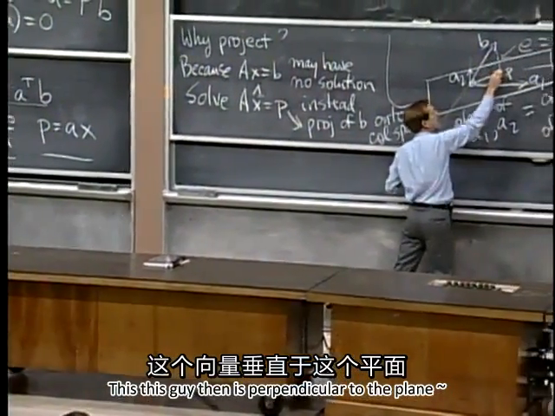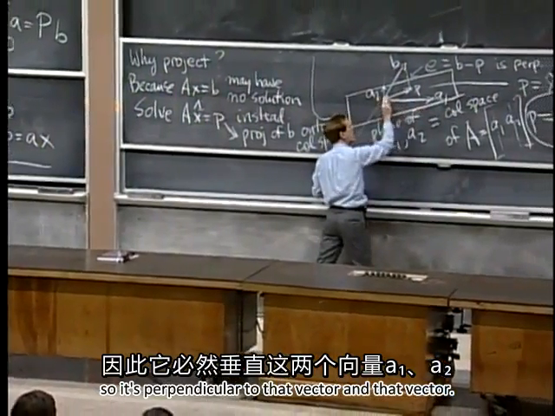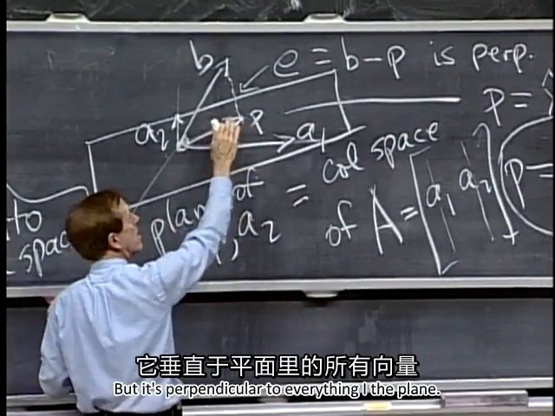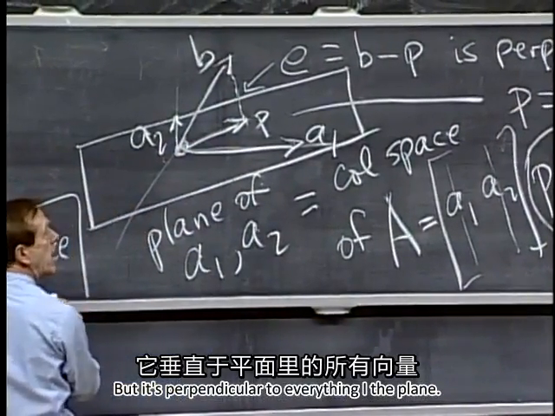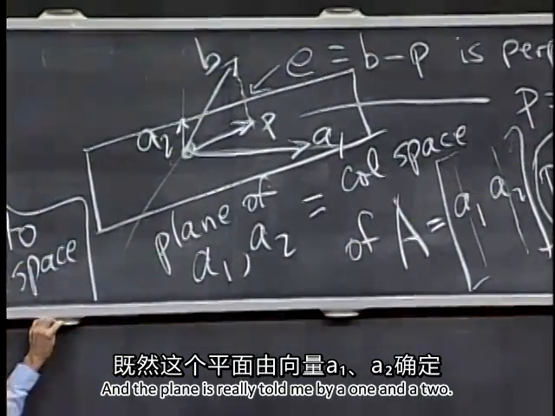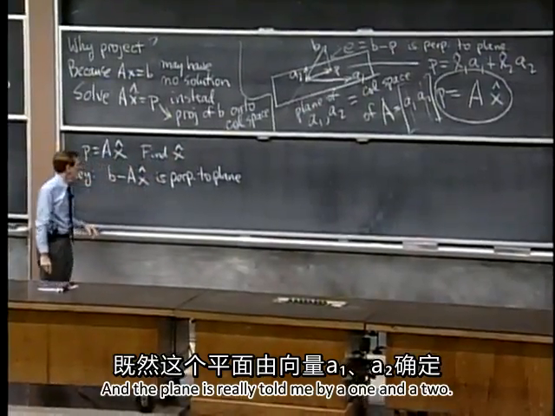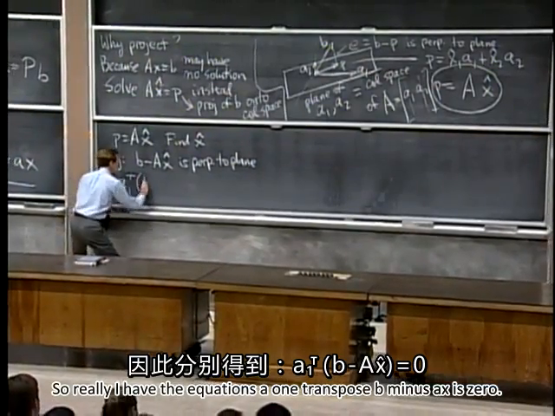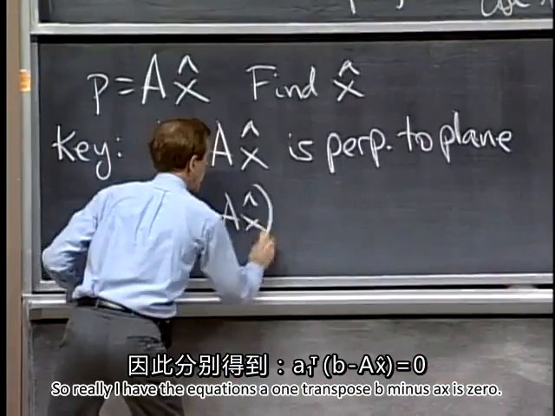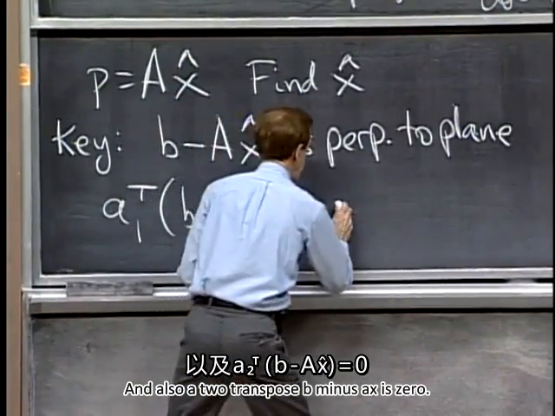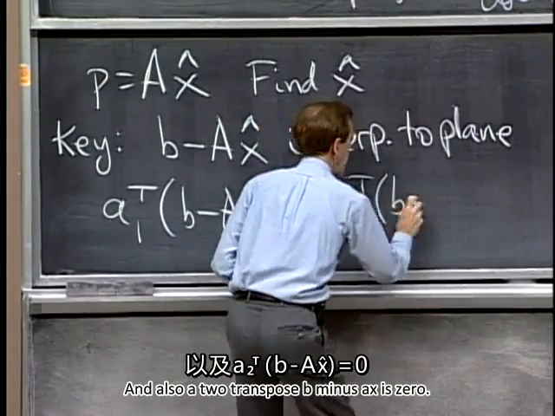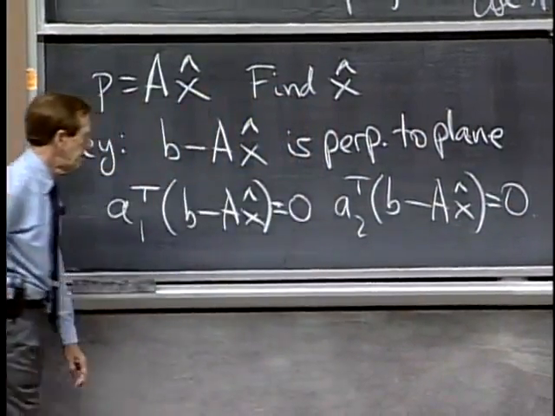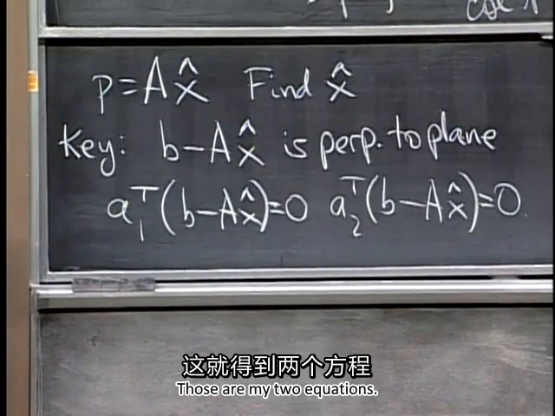This guy, then, is perpendicular to the plane, so it's perpendicular to that vector and that vector. It's perpendicular to that, of course, but it's perpendicular to everything in the plane, and the plane is really told to me by A1 and A2. So really I have the equations A1 transpose (b minus A x hat) is 0, and also A2 transpose (b minus A x hat) is 0.